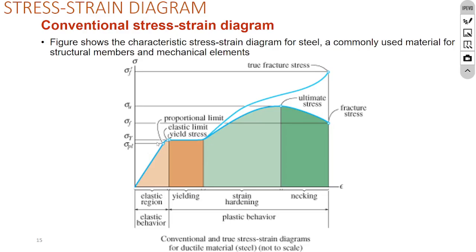in this part of the diagram. If the stress is less than this limiting value, the material behaves as an elastic body. If it is loaded, it deforms. If the load is removed, then it can turn back to its original shape, original size. But if this limit is exceeded, if we increase the load and exceed the limit, then the material will plastically deform, permanently deform.